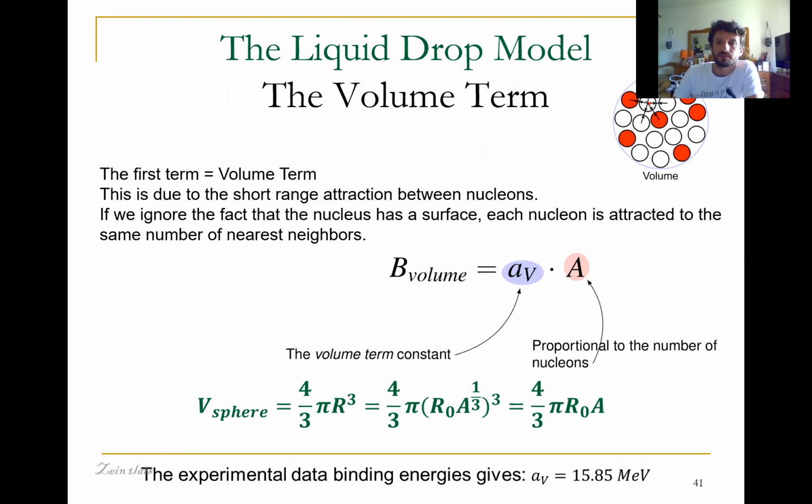For example, this one is bounded to this one, this one, this one, this one, and this one. If you take another one, it is also bounded with many neighbors on all sides. But I don't talk about the nucleons on the surface, because they are bounded only from one side. Here we have nothing.